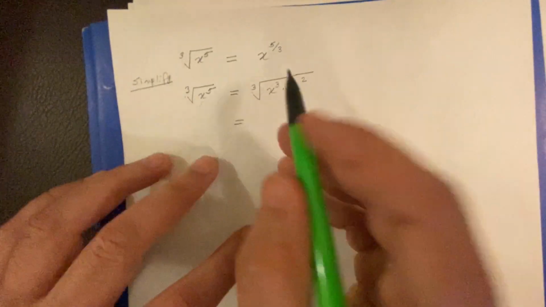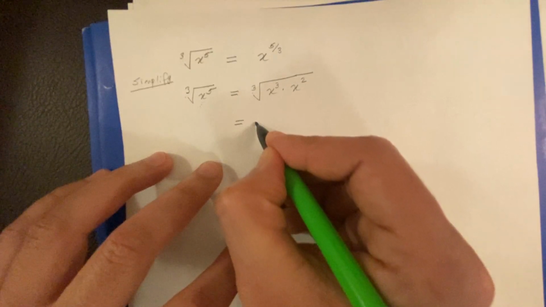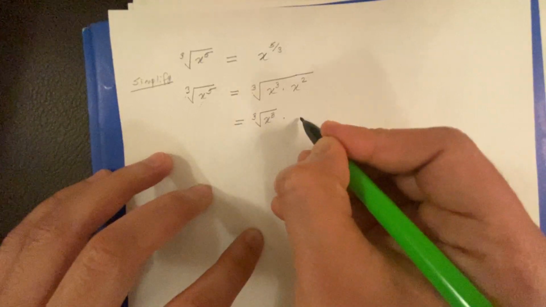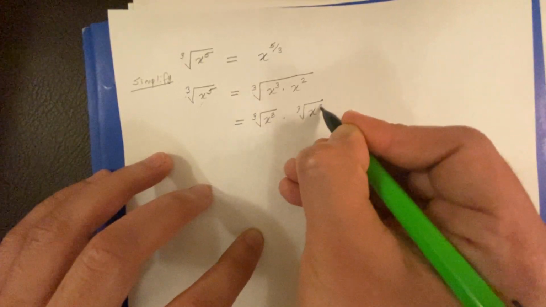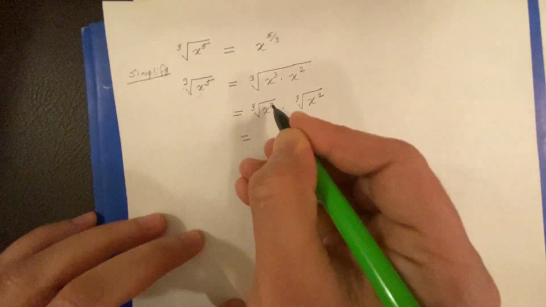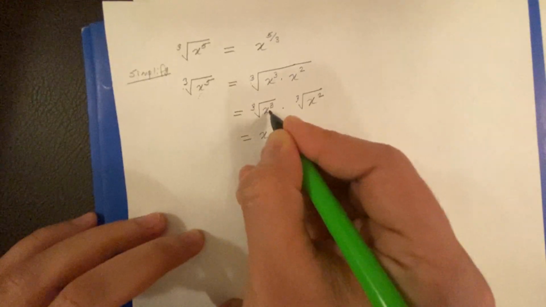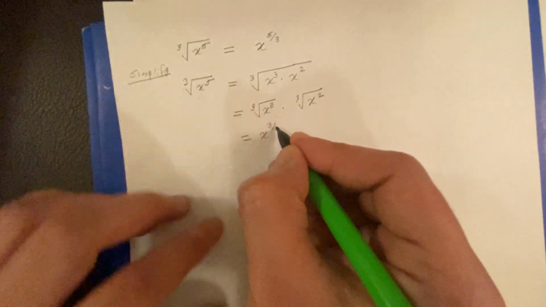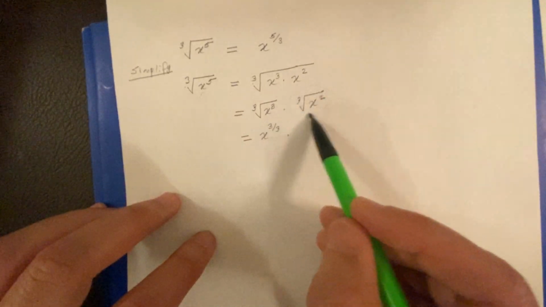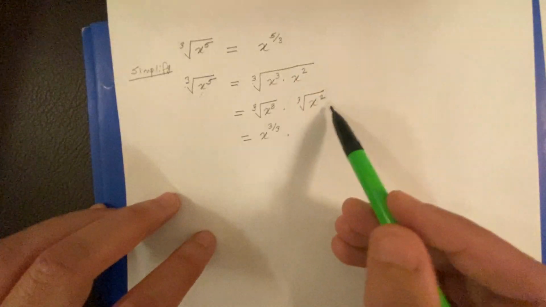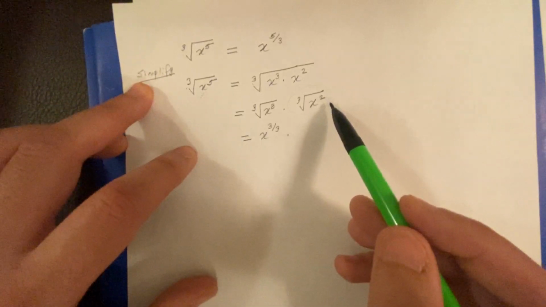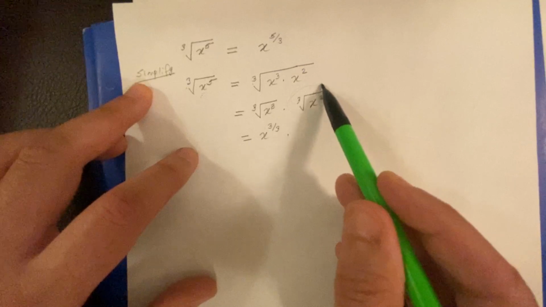So now you can split this into 2 parts: cube root of x to the power 3 times cube root of x squared. The cube root of x to the power 3 is x to the power 3 divided by this 3, times, for this one, since you will be getting something with a fraction on the top, if you're simplifying, in this case just leave it like this.